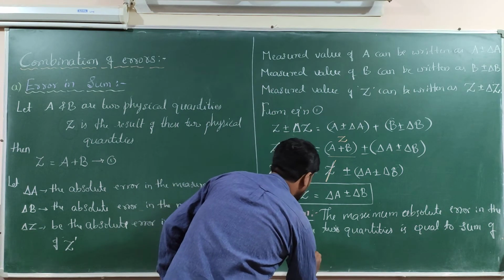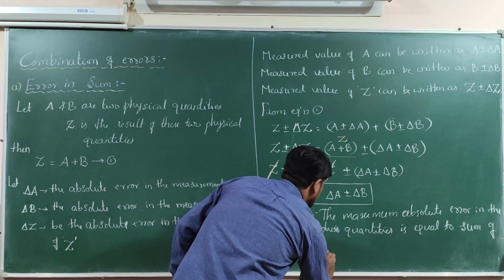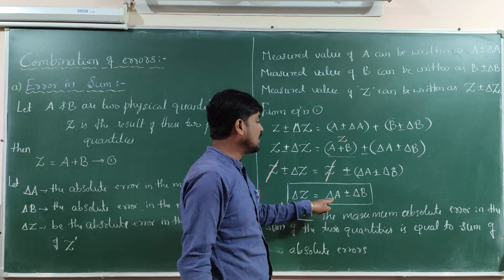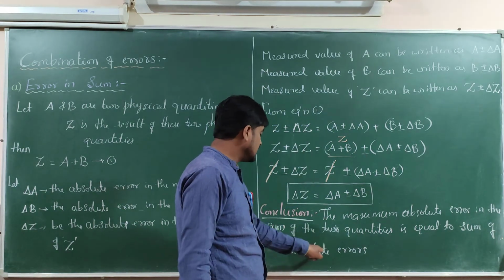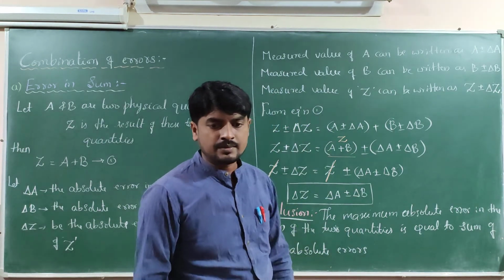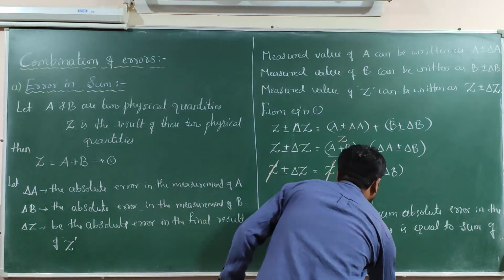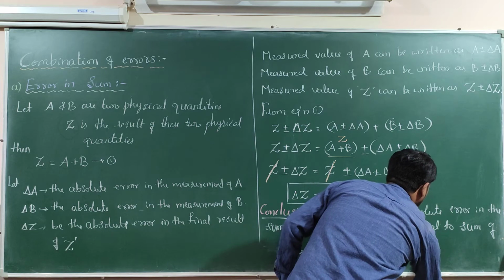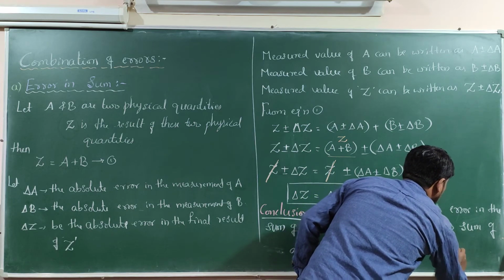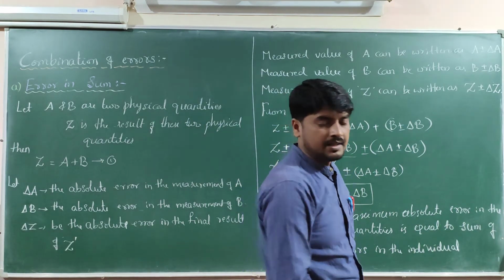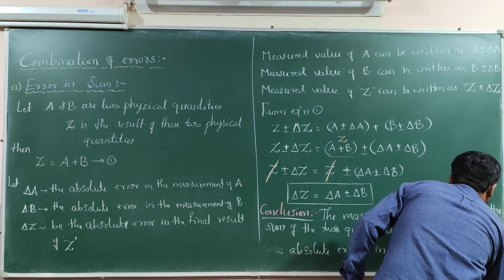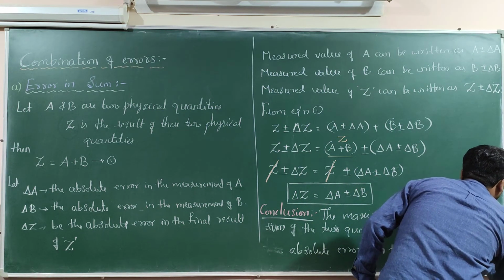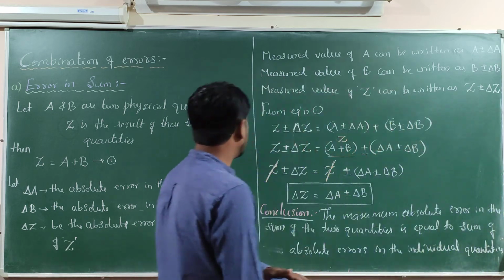Sum of absolute errors. In general, I have taken here. Actually, two absolute errors are there, but here I have taken in general the absolute errors in the individual quantities. In the individual quantities.